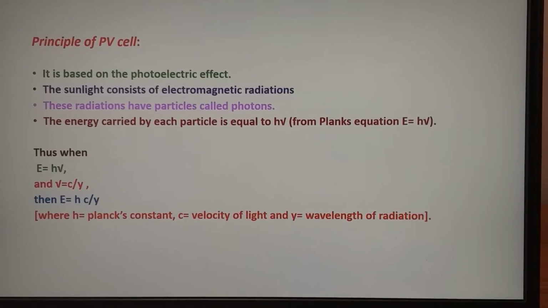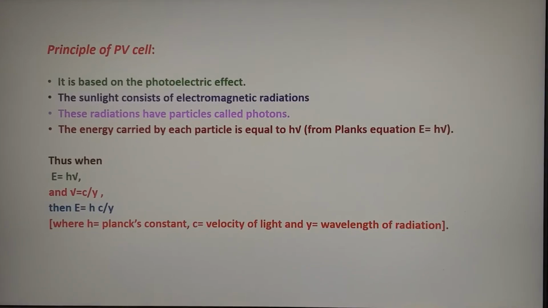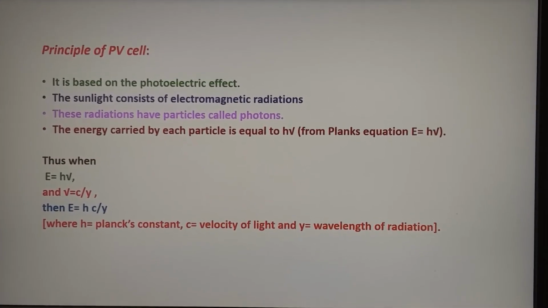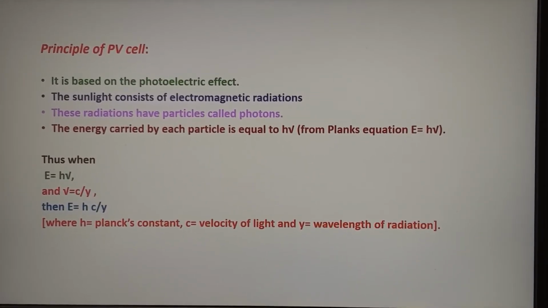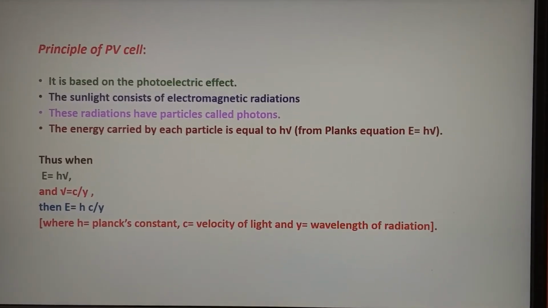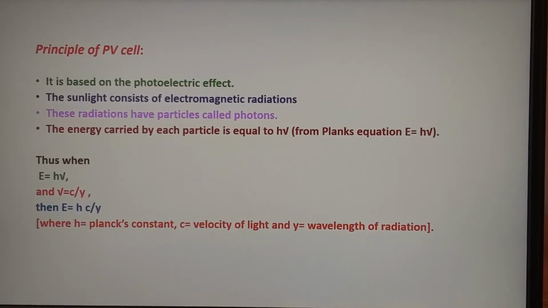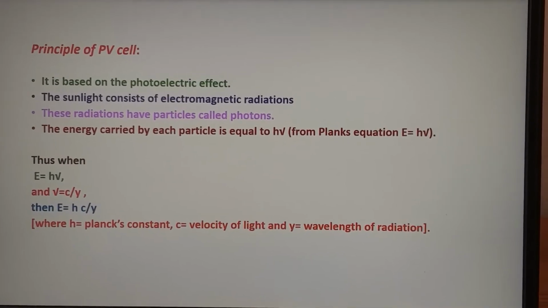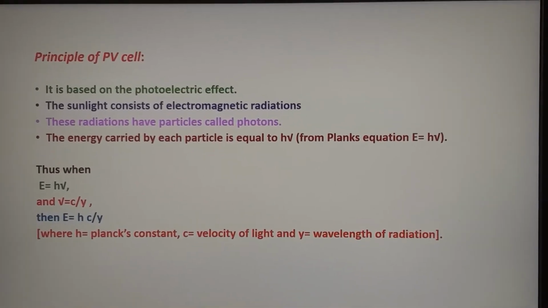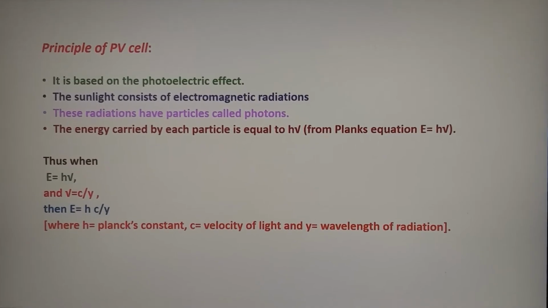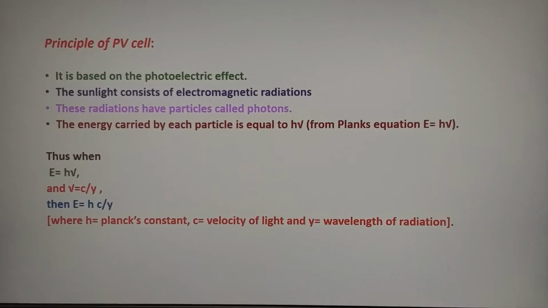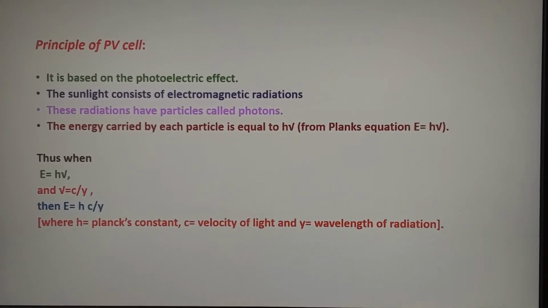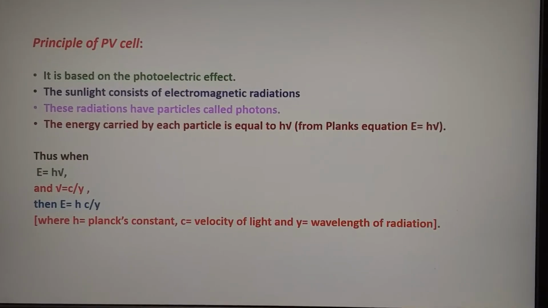Each particle carries energy equal to h nu, where h is Planck's constant and nu is the frequency. Thus, we can say that E is equal to h c by lambda, because nu is equal to c by lambda, where c is the velocity of light and lambda is the wavelength of the radiation.